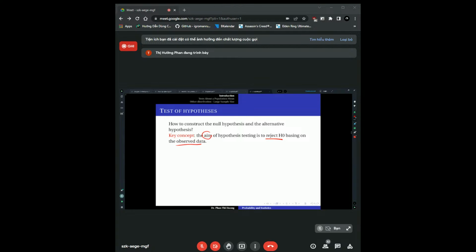The whole procedure in hypothesis testing, we collect the information from the sample data to answer the question whether we should reject H0 or not. The whole procedure has the purpose, the goal, of rejecting H0.